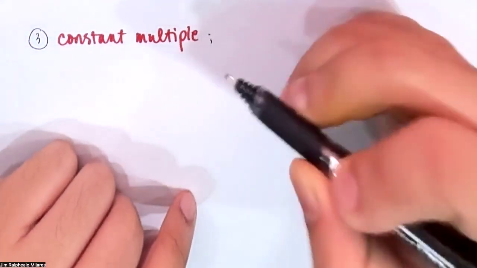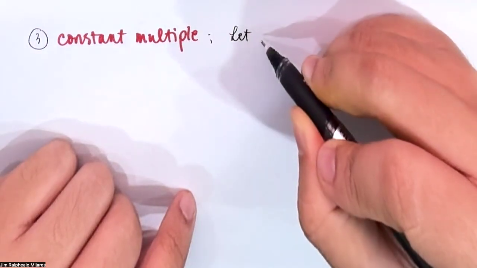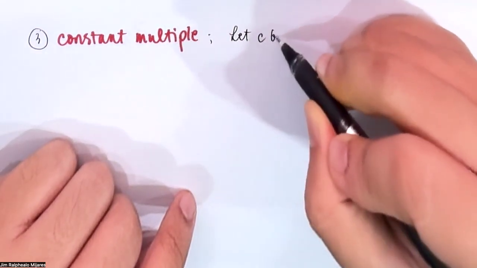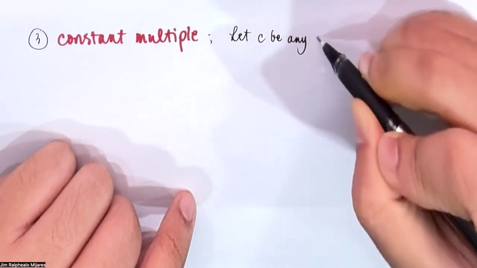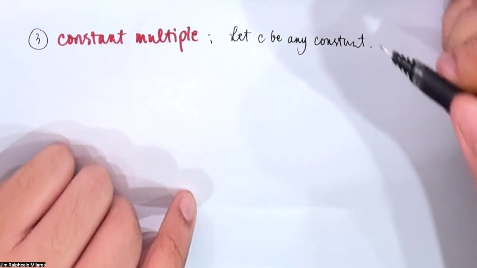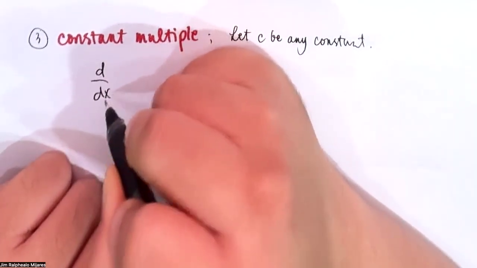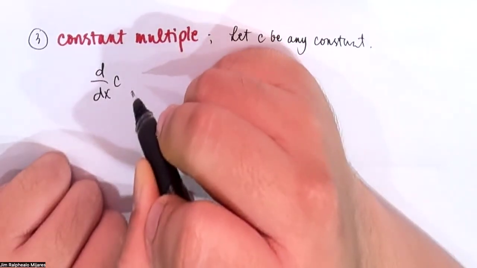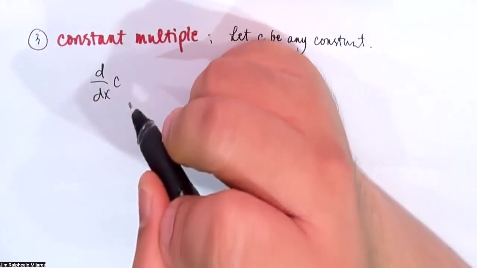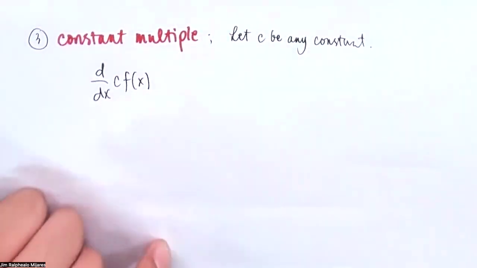So, for example, let C be any constant. Okay? Or be any number. Then the derivative of C times any function f of x, okay?